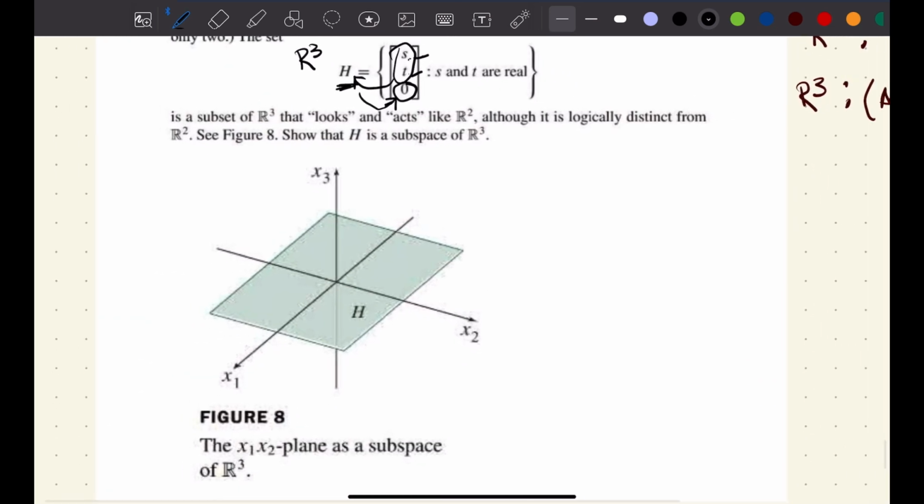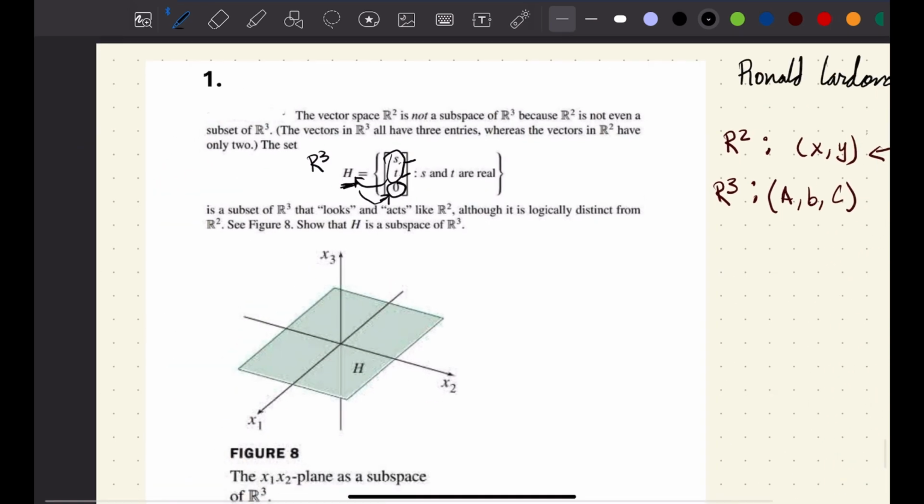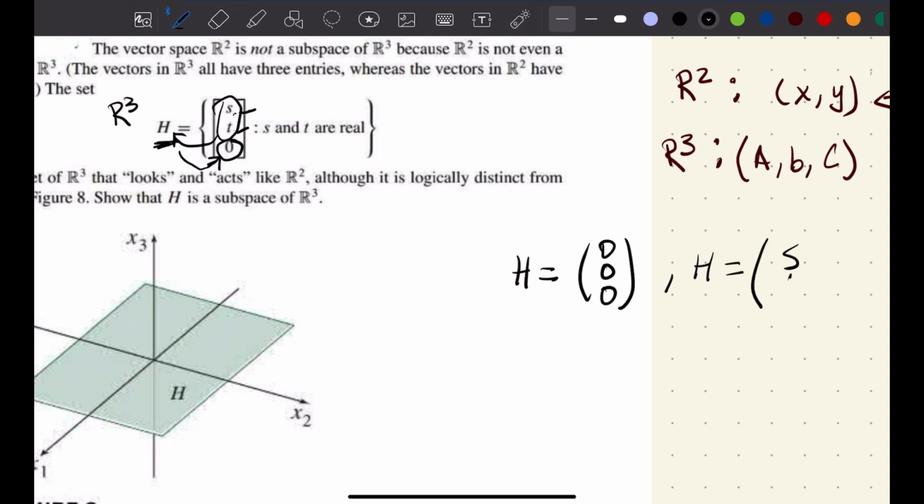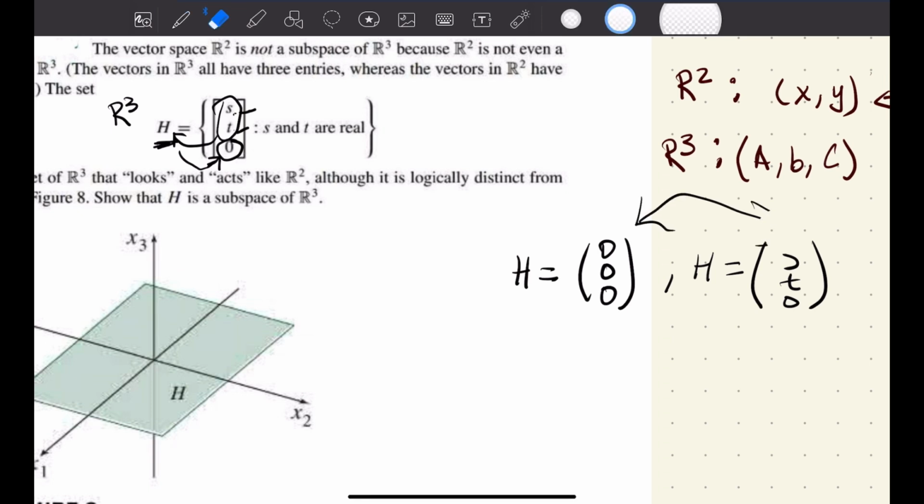By this we can say that in H we can have the vector 0, 0, 0, which also fits with the form that we currently have, as in S, T, 0. They're not quite the same thing, but they're similar.